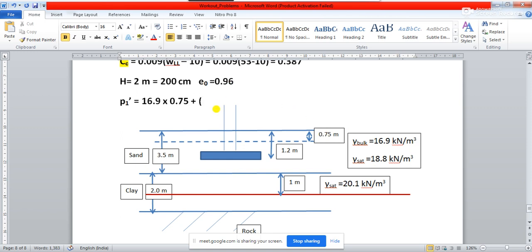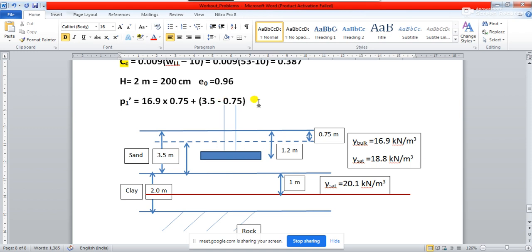So the left depth is 3.5 minus 0.75. So from here to here I am telling you, right? So this depth is nothing but 3.5 minus 0.75.